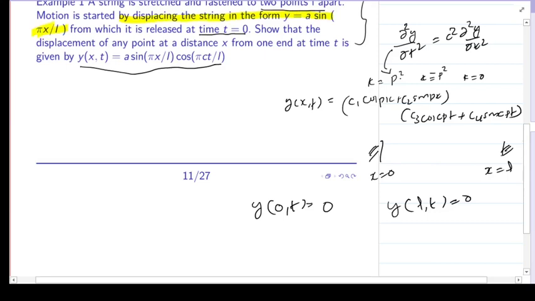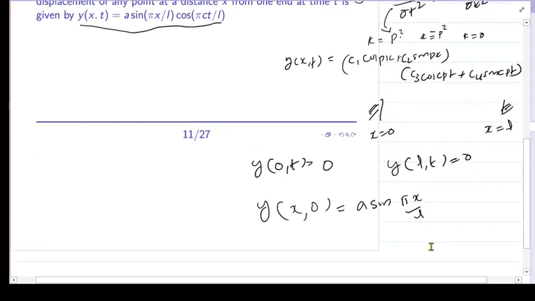That initial position means t equal to 0, that means y of x,0 equal to a given value, sin pi x by L.